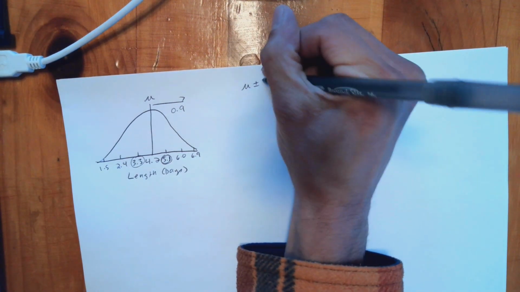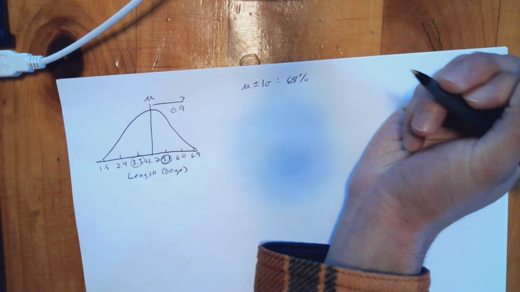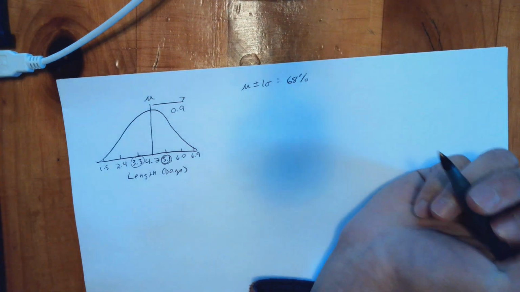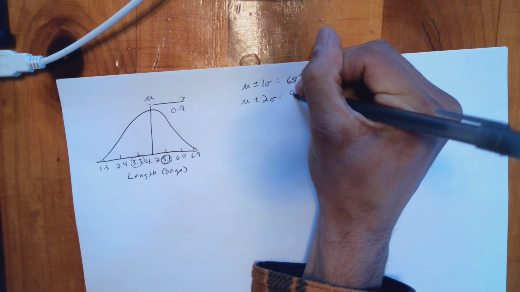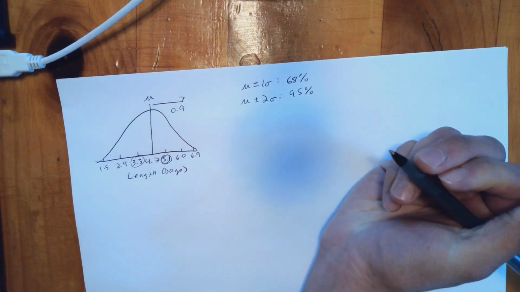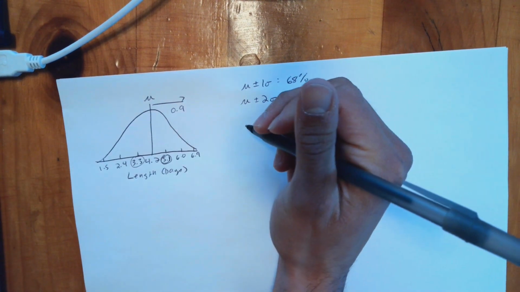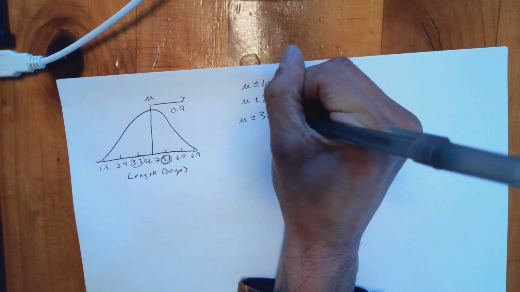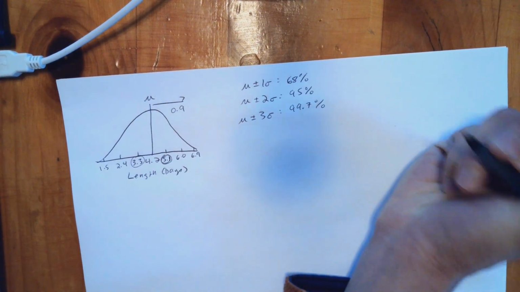Within one standard deviation of the mean on either side, we find 68% of our area under the curve, which corresponds to a 68% chance of getting an outcome within one standard deviation on either side. Within two standard deviations on either side, we've got 95% of our area under the curve, or a chance of 95% of getting an outcome between the corresponding values. And for three standard deviations, we've got 99.7% of our area under the curve.